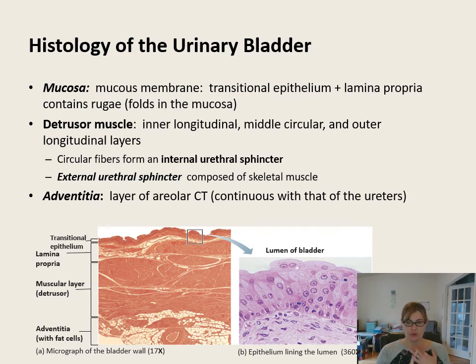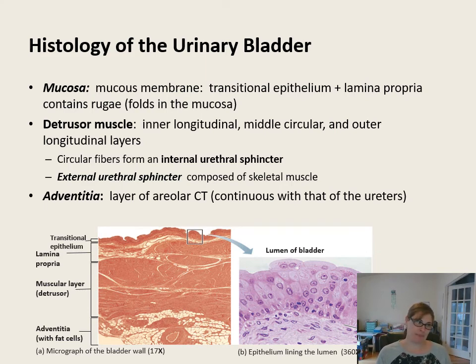One is more internal, one is more external. The internal urethral sphincter is involuntary. So that means that it is smooth muscle, internal, involuntary. The external sphincter is skeletal muscle. So that's the one that, when you go to pee and you hold your pee, that's the external urethral sphincter that you're controlling.